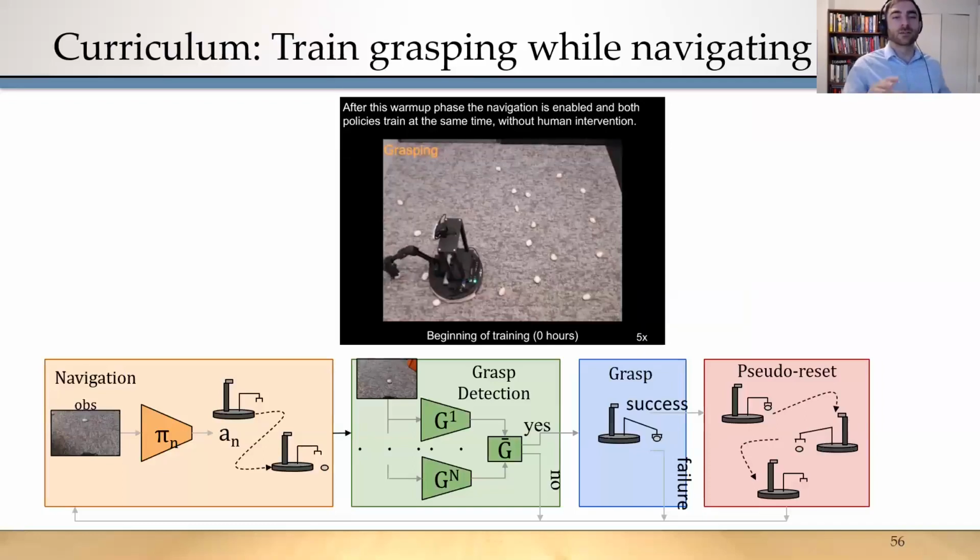So this is the next step in the training, where we now turn on the overall navigation and the grasping at the same time, and they're both trained concurrently. How the policy is trained for this robot is the agent gets to see an observation of the world, decides the type of navigation action that it's going to take in the environment, and then it actually asks the grasping policy what is the likelihood of success if I do attempt to make a grasp at this location?